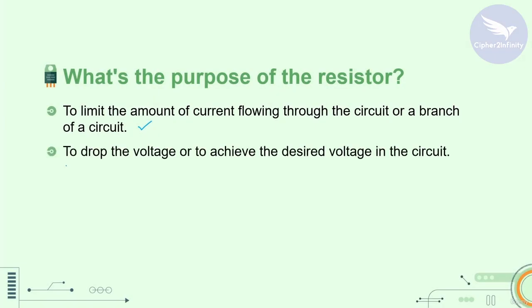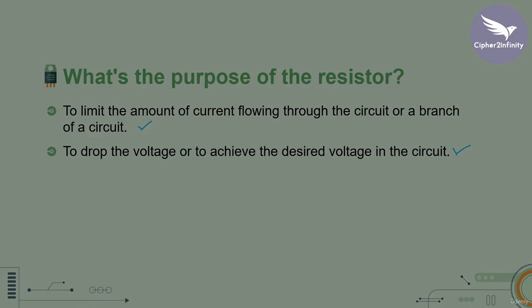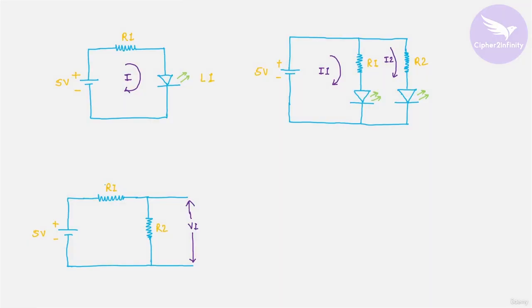After that, the second purpose is to drop the voltage or to achieve a desired voltage in the circuit. In this circuit, resistors R1 and R2 are responsible for dropping the voltage. On the input side, the voltage is 5 volts.